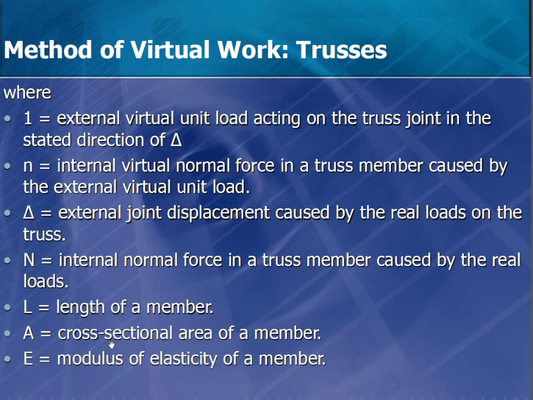Because when it comes to deflection, the cross-sectional area and the modulus of elasticity, the material property, play a big role there, as does the length of the member. And capital N is the internal normal force in the truss member caused by the real loads, and n small, we said, is the internal virtual normal force created by the virtual unit load. We said that.